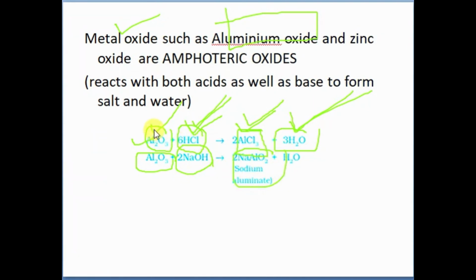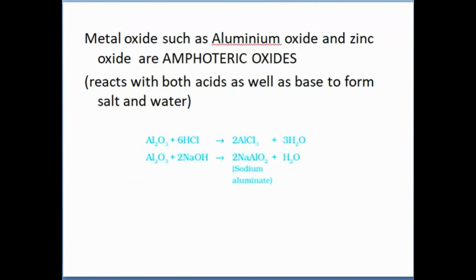So here the amphoteric oxide is reacting with acid, and here it is reacting with base to form salt and water. AlCl3 is a salt, sodium aluminate is a salt, and water. This is an important reaction which you all should know. They can ask you what amphoteric oxides are, so you should know.